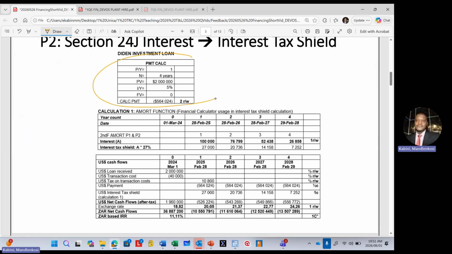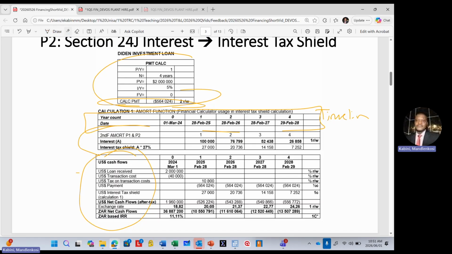You can see first, after having tabulated their timeline and identifying what cash flows are required, we then identify and calculate the missing variable, which will in this case be the PMT.